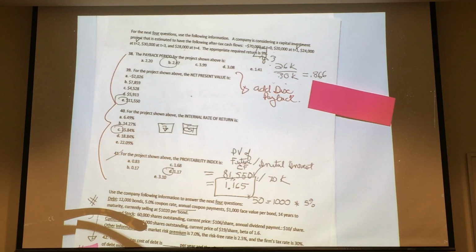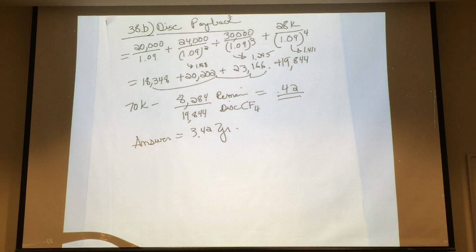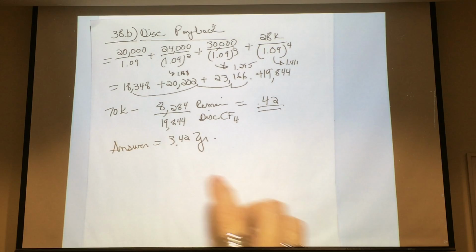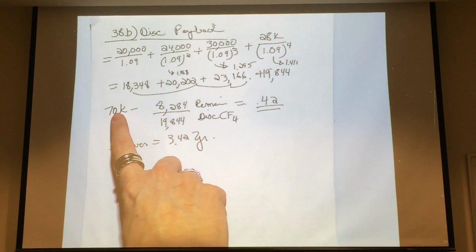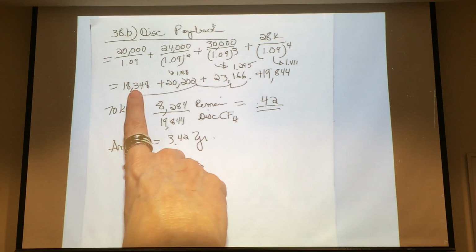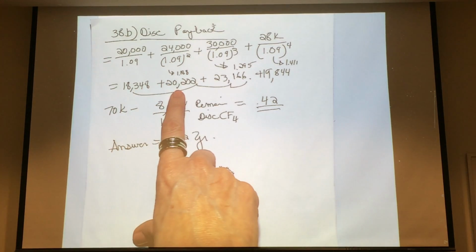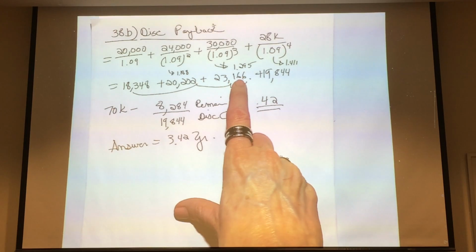On the other page, why do you write 70,000 minus the point four? You write 70,000 minus 82, 84 divided by 19. Okay, I took the $70,000, I subtracted the 18,348, the 2202, the 23,166.